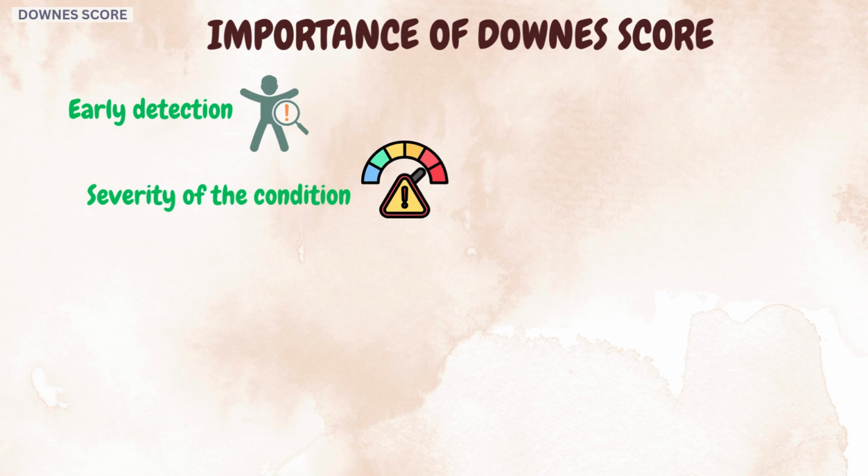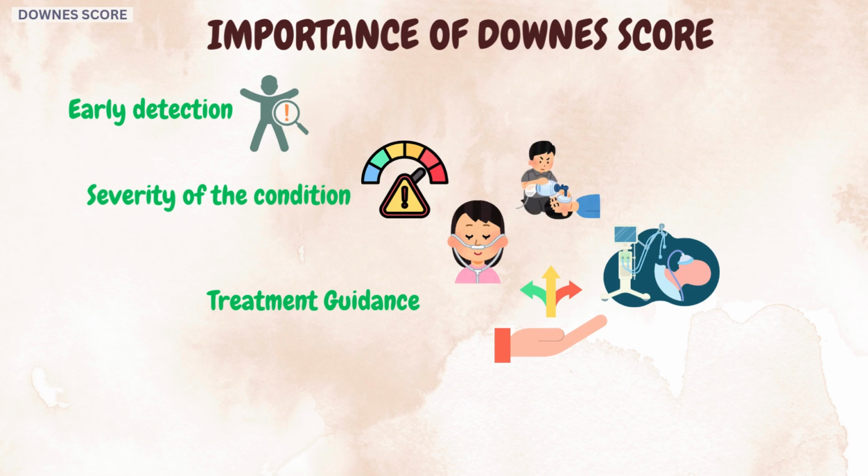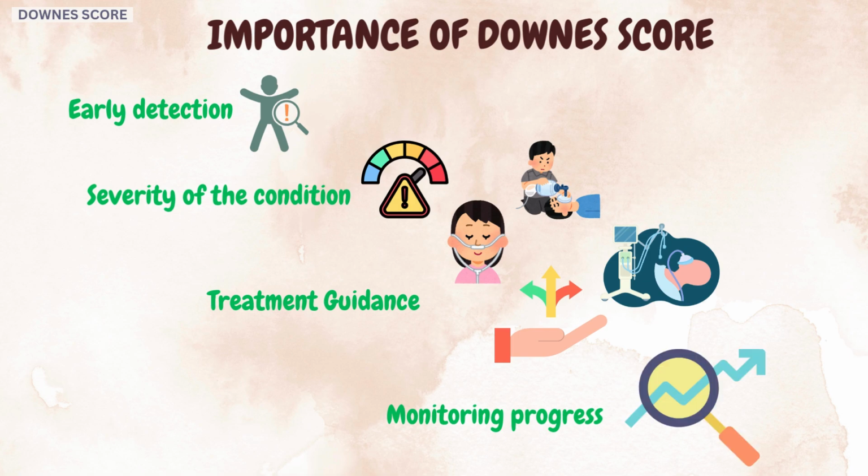Also, it helps in the treatment guidance. That is, it aids in determining the appropriate level of respiratory support, such as oxygen therapy or mechanical ventilation. And also, it helps in the monitoring of the progress. That means it can be used to track the effectiveness of treatment or the intervention being provided.